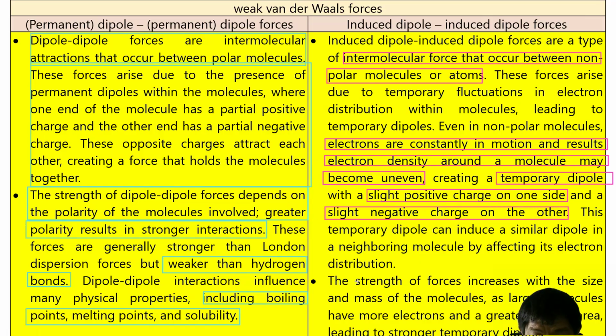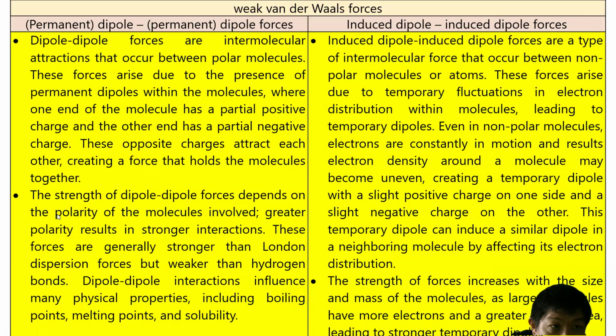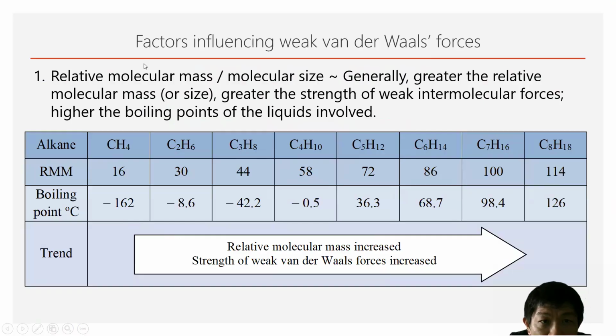The strength of the forces increases with the size and mass of the molecule, as we said that larger molecular mass or molecular size has more electrons and a greater total surface area, leading to a stronger temporary induced dipole.